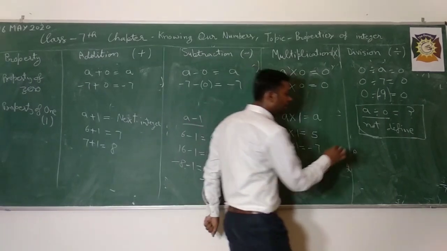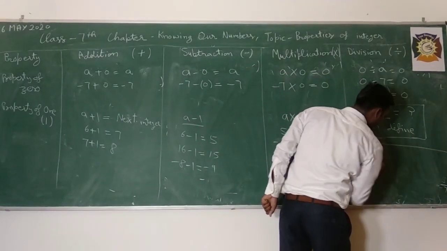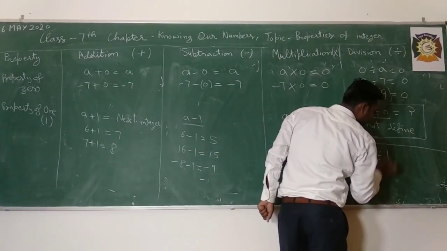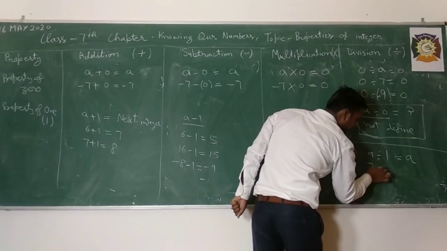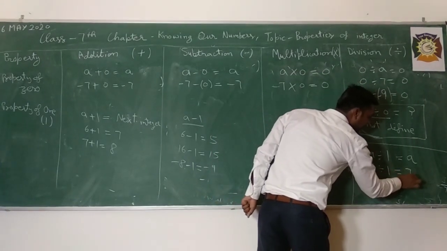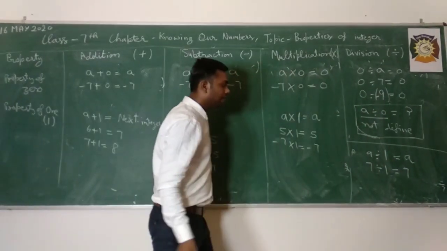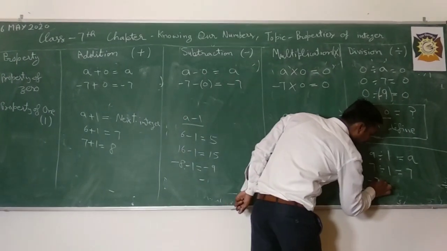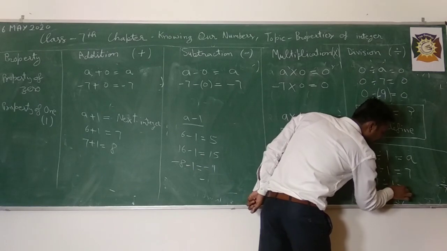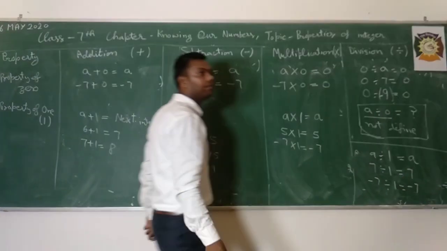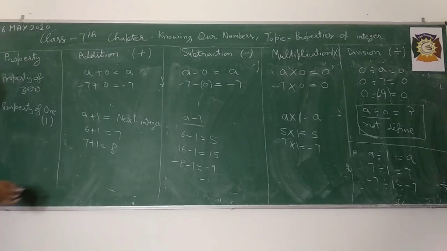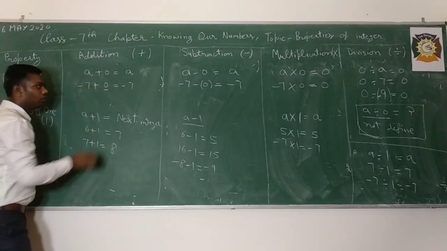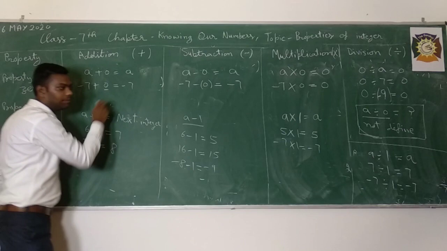If we divide any integer with 1, we get the same integer. That is, if you divide 7 with 1, we get 7. And if we divide minus 7 with 1, we get minus 7. And here is 0. If we add 0, we get the same result.